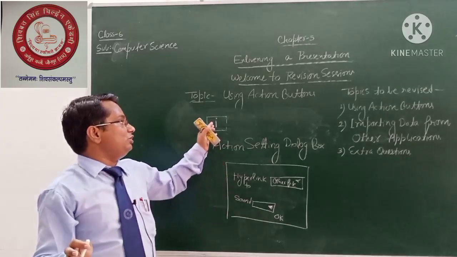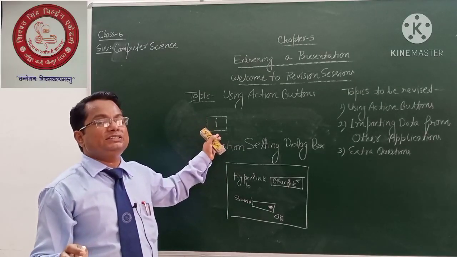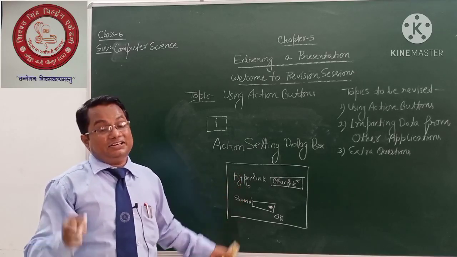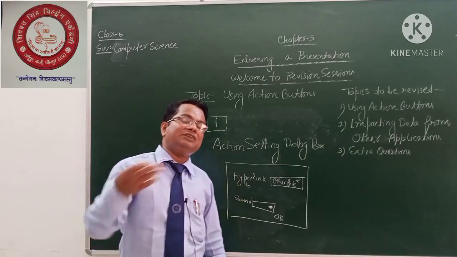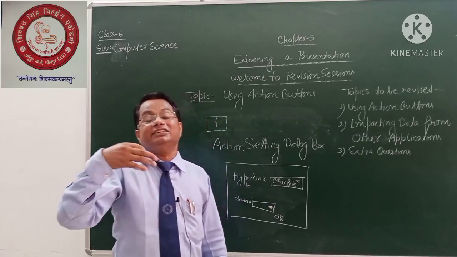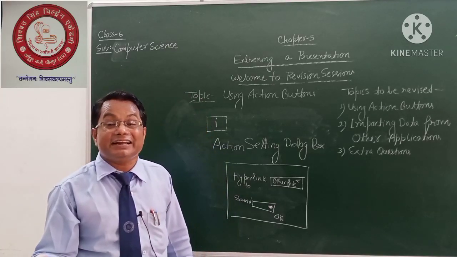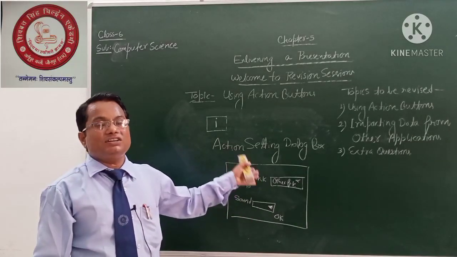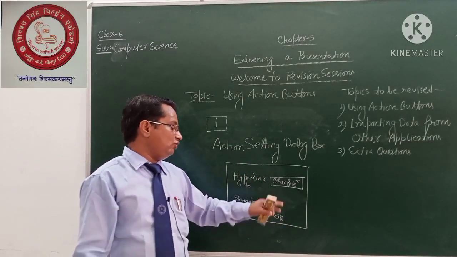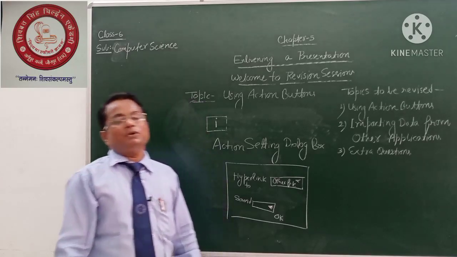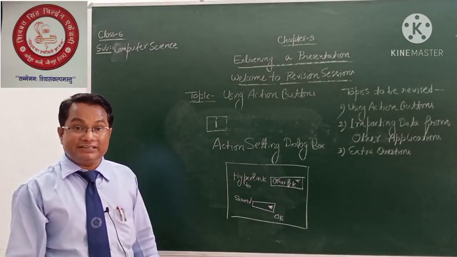Once you play this button, which is already hyperlinked with the other file, if you want a different sound while clicking or while displaying in the slideshow, then you can choose any of the sounds. And finally, once it's done, click on the OK button. I hope you are able to understand what I am trying to teach.